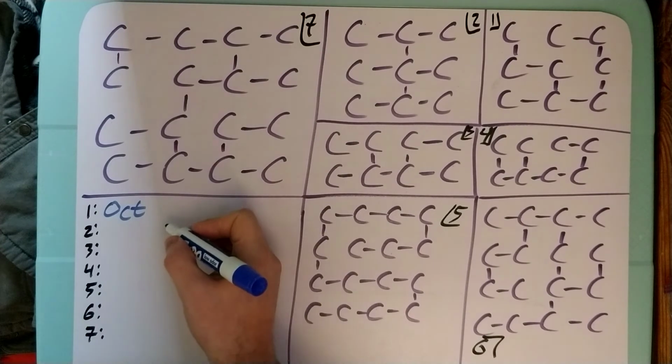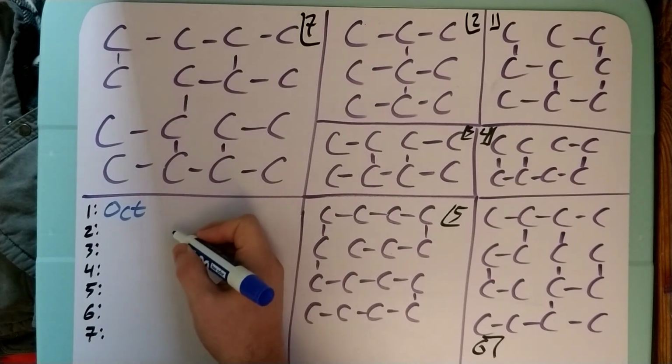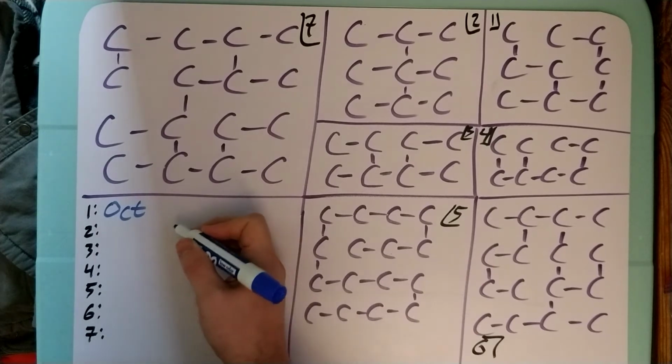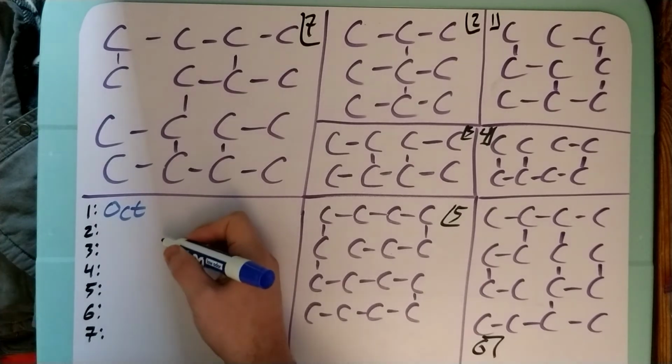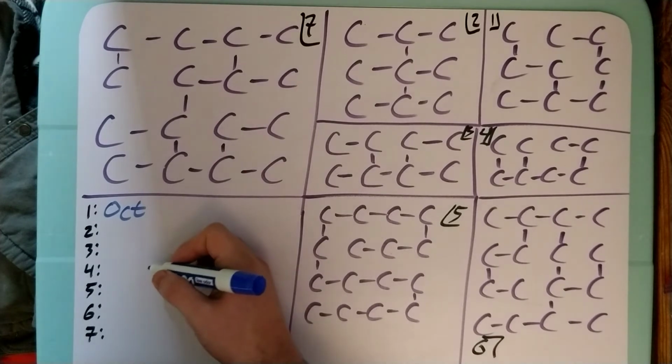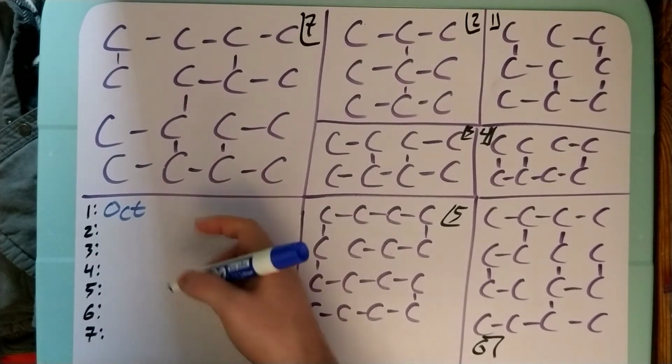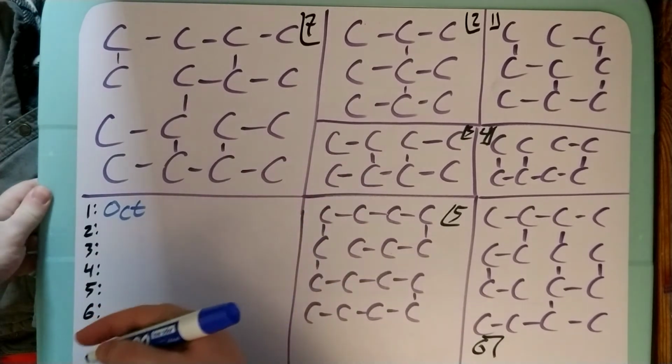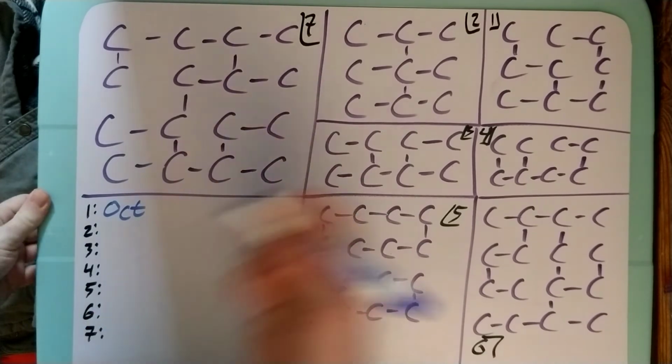So if you look at that first table on your organic cheat sheet, it says that alkanes have all single bonds, alkenes have at least one double bond, alkynes have at least one triple bond, and then rings, or cycloalkanes, have to have a ring.